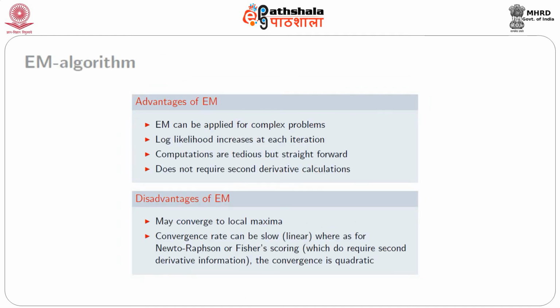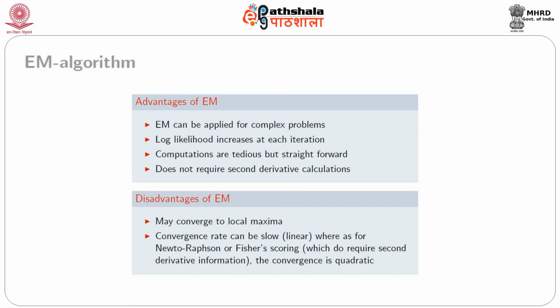Now, the advantage of the EM algorithm is that it can be used for much more complex problems. Here, as an illustration, we have shown a simple example, but this can be used for much more complex problems. Another advantage is that it can be shown that the log likelihood increases at each iteration under convergence.